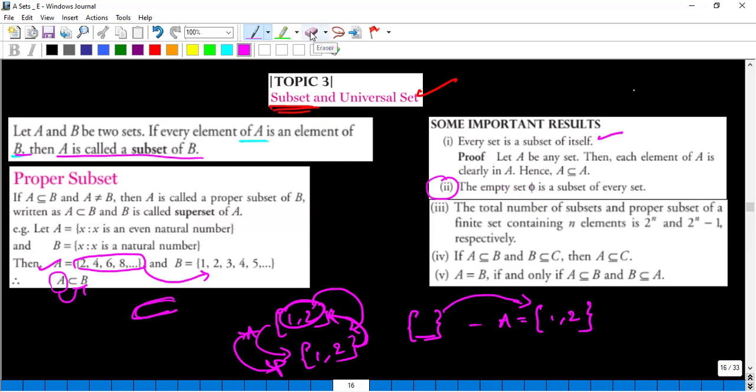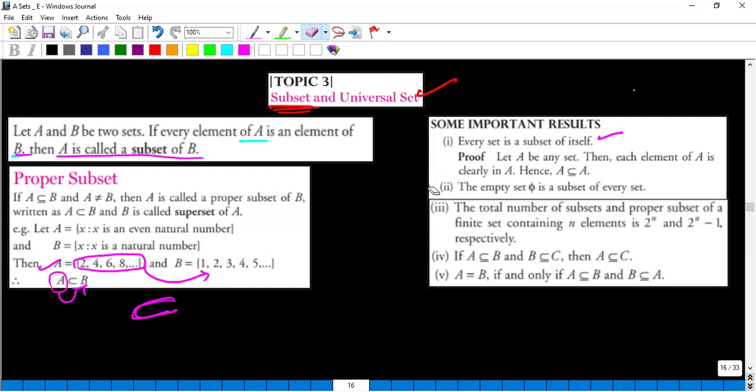Yes, a very important concept, a very important formula, is the number of subsets, how many subsets you can form for a particular set. Suppose I have a set like this: 1, 2, 3.